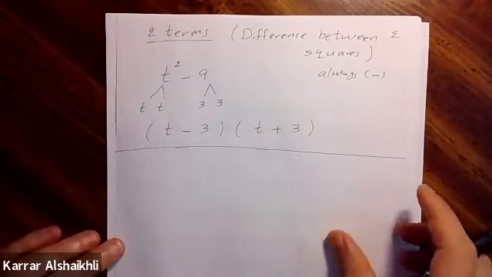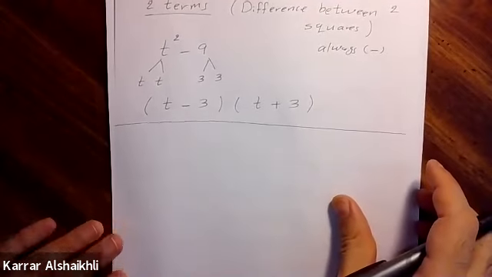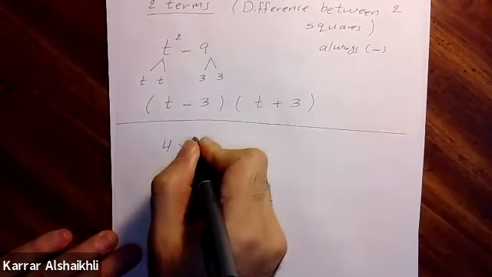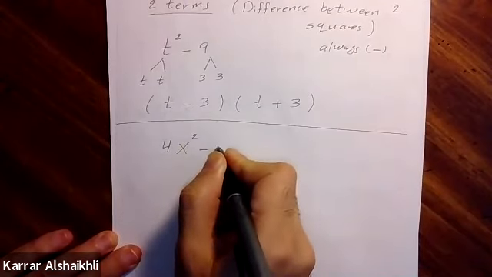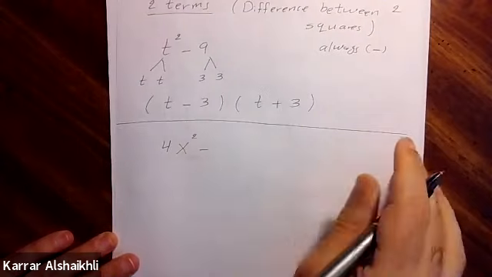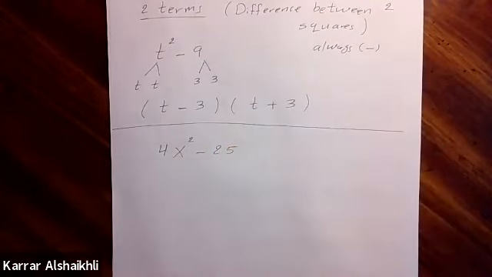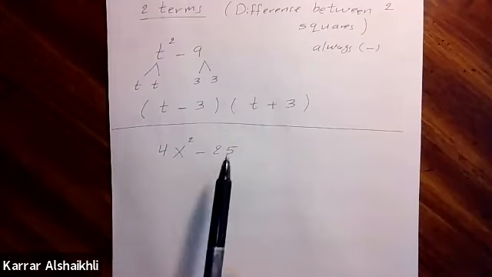Let's do another example. If we have 4x squared minus 25. The first thing, I have two terms.